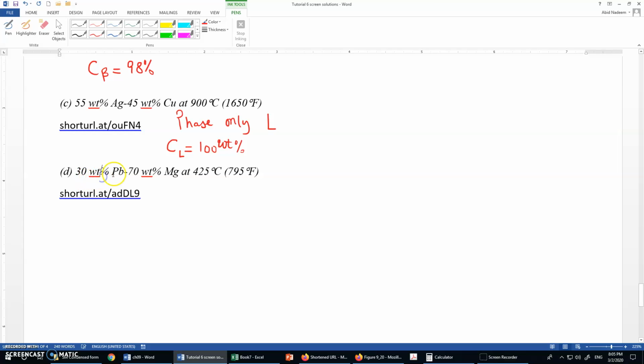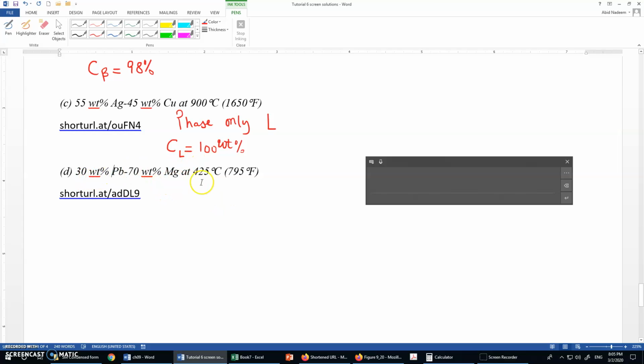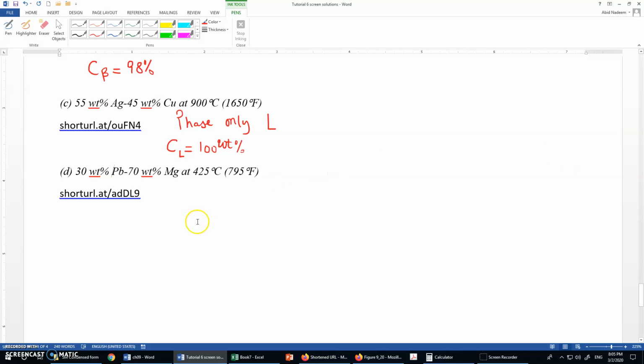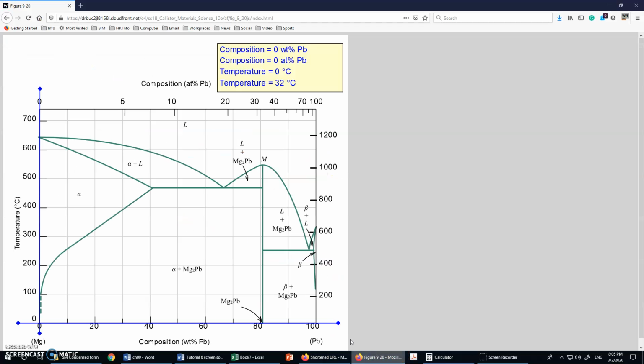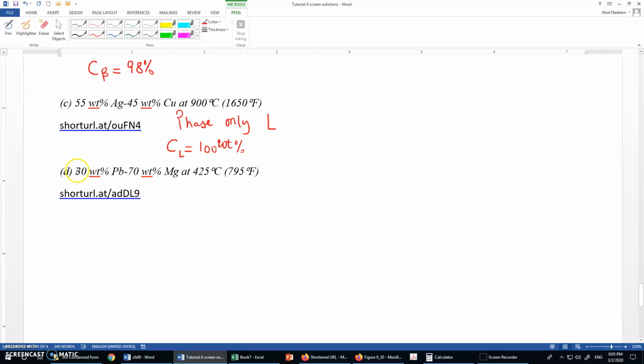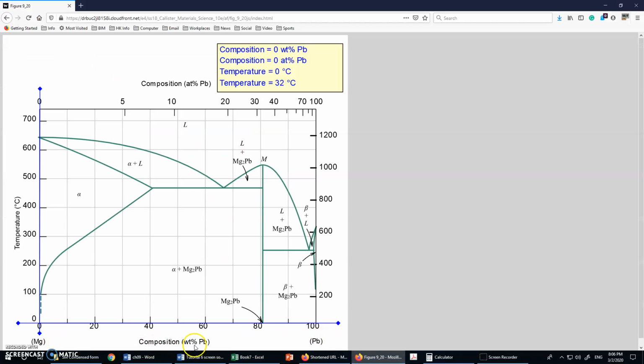Okay, now lead and magnesium alloy. So this is the lead and magnesium alloy. 30% lead is here, and 425 degrees centigrade.